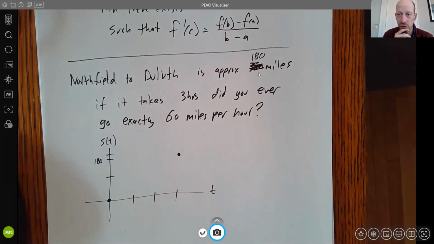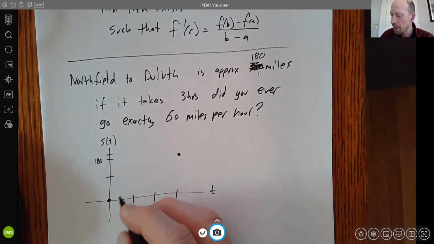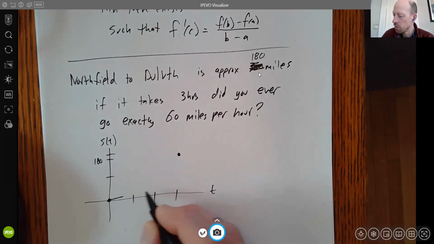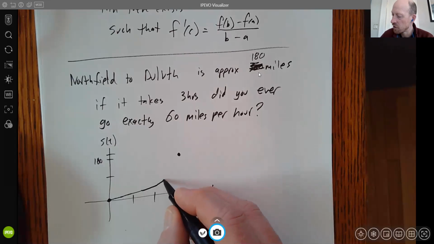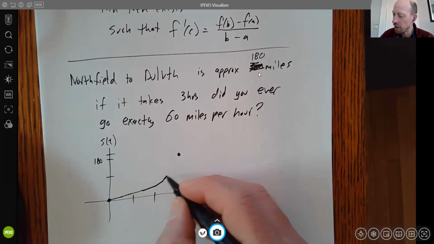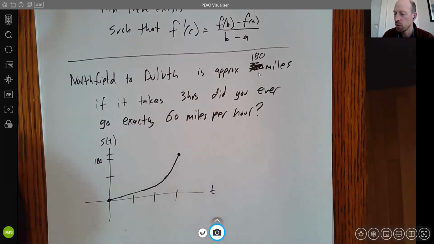Now, how I drove is unclear, right? It's quite possible that I started off going kind of slow through Northfield, and it took me a while. There was traffic in the cities, and then as soon as I got out of the cities, all of a sudden I decided, okay, now I've got to speed up a little bit to get myself to Duluth.